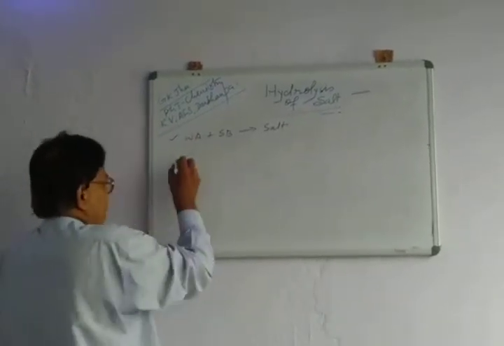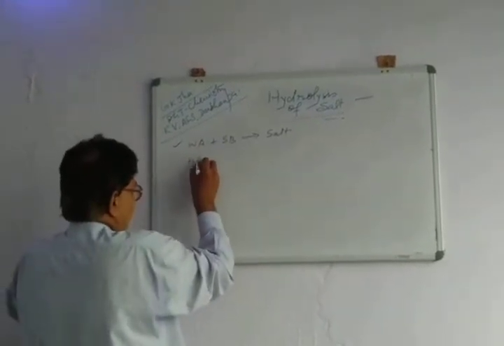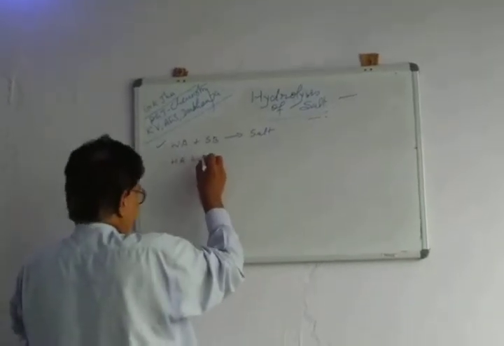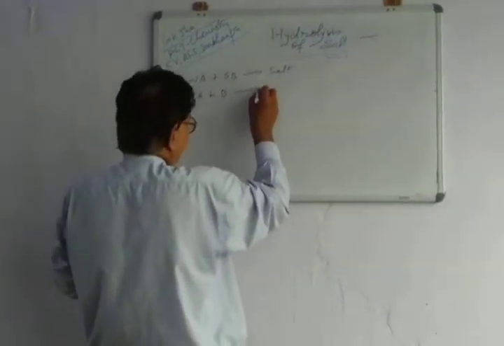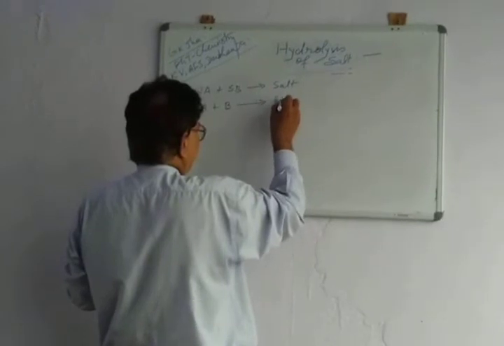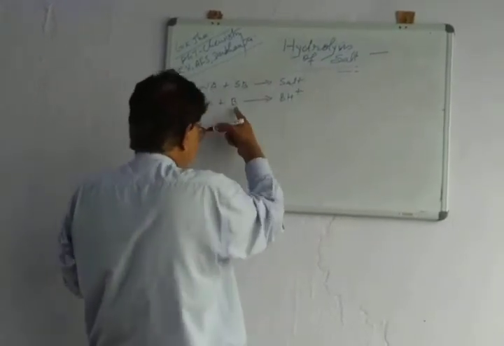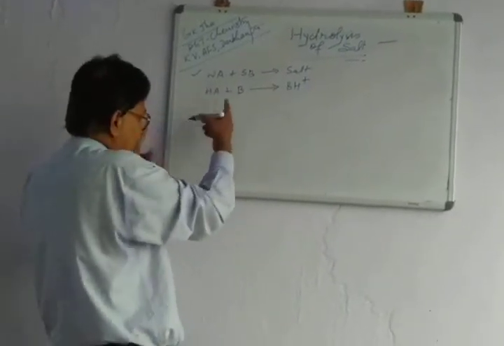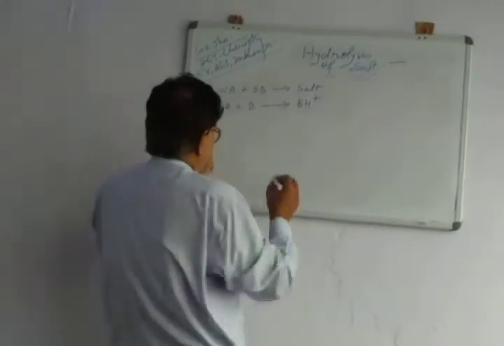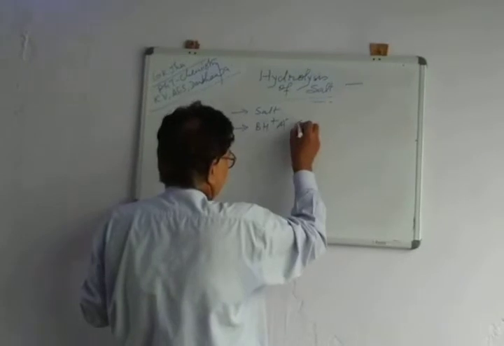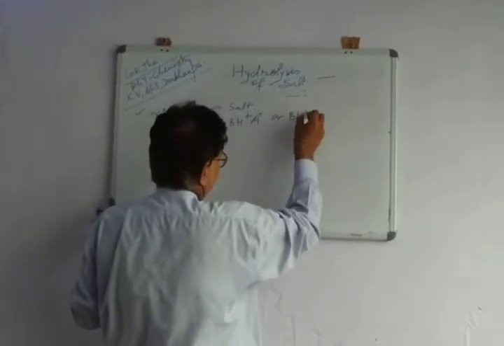Let HA be the weak acid and the strong base be B. This will give BH plus, because B is a base, it can accept a proton from the weak acid HA, that is BH plus and A minus together, or simply this is BHA.